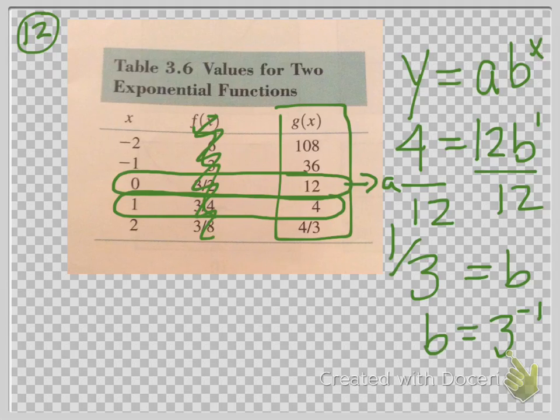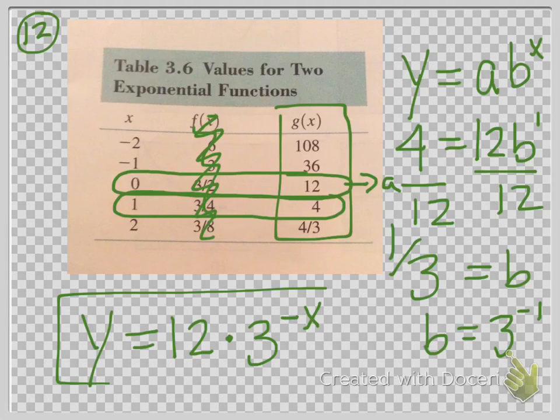So that would be b equals 3 to the -1. So our final equation then is y equals 12 times 3 to the -x. And that is number 12.